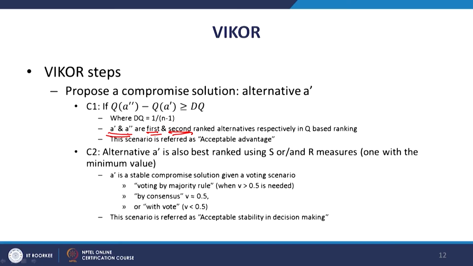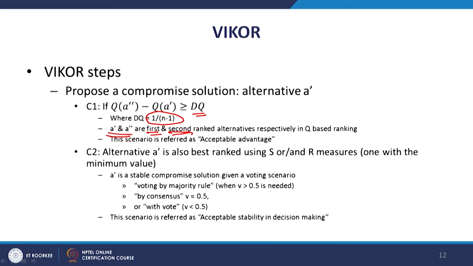So, the alternative with minimum Q value would be A dash, and the alternative with the second best minimum value is going to be A double dash. Once we have identified A dash and A double dash, we can check this expression: Q(A double dash) minus Q(A dash) is greater than or equal to DQ, where DQ is 1 divided by n minus 1, where n is the number of alternatives.